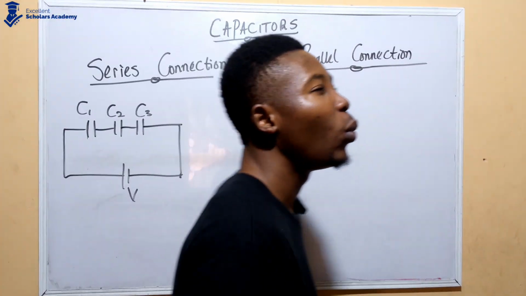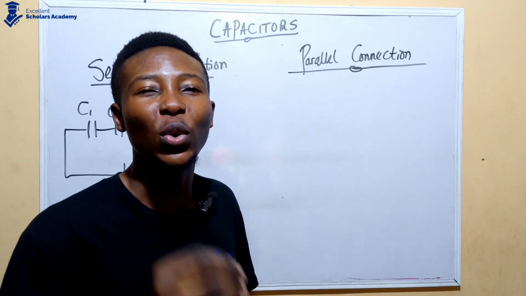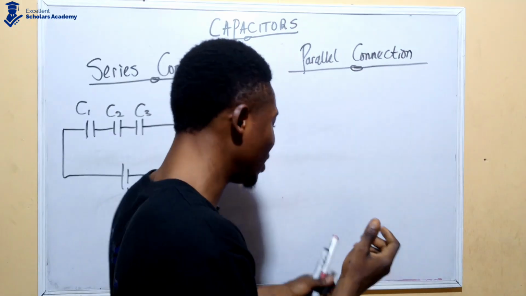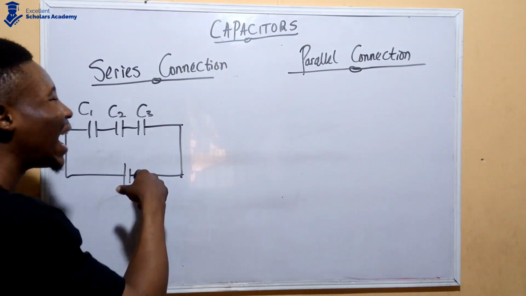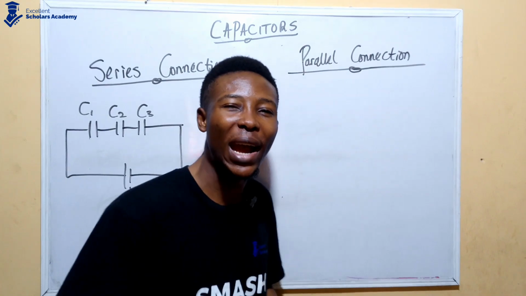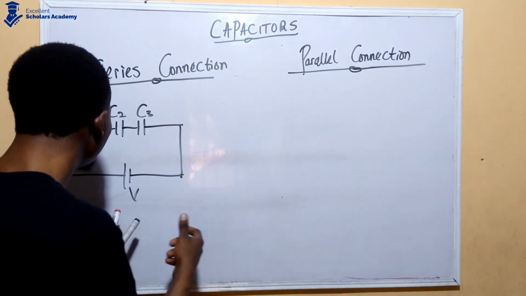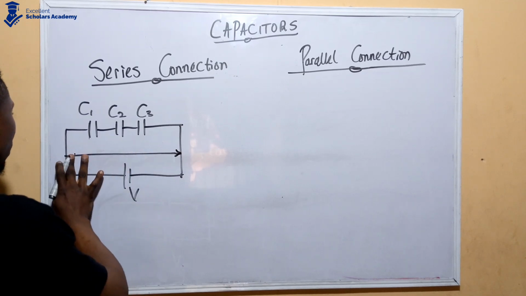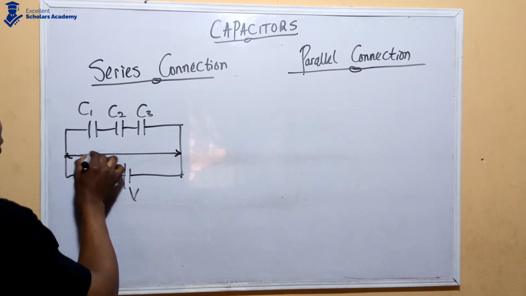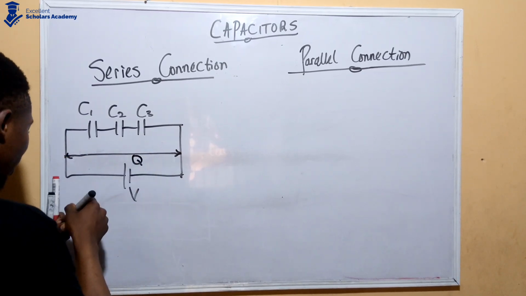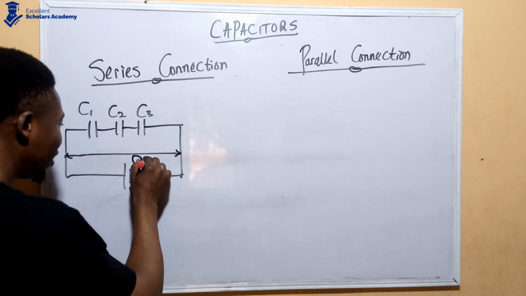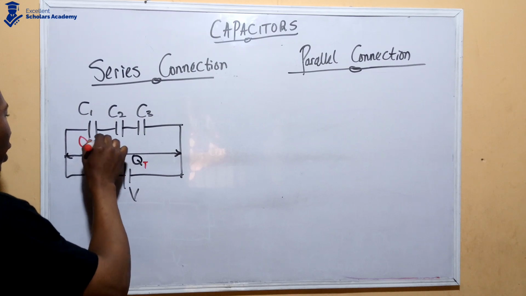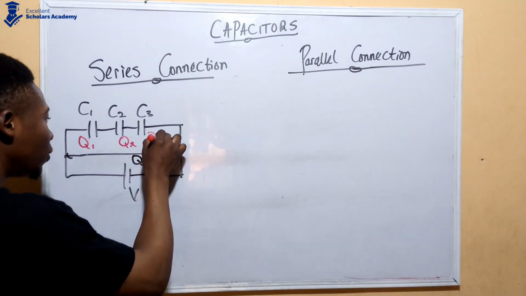Some of the concepts I want you to know in a series connection of capacitors is that these capacitors have the same charge flowing through them. So if this was the total charge in the capacitor, and let's say we have Q1 flowing through here, Q2 flowing through here, Q3 flowing through here.